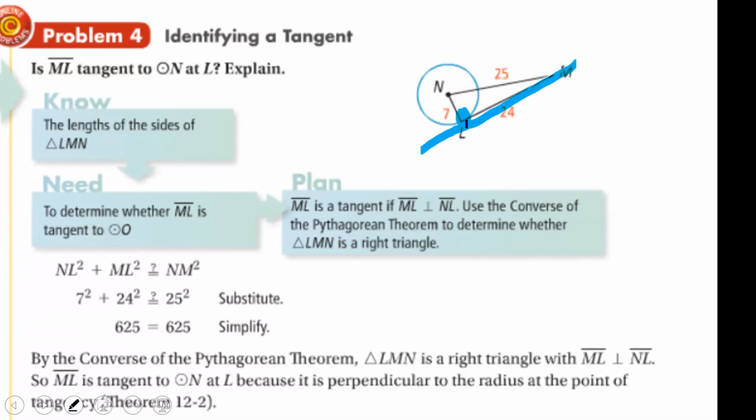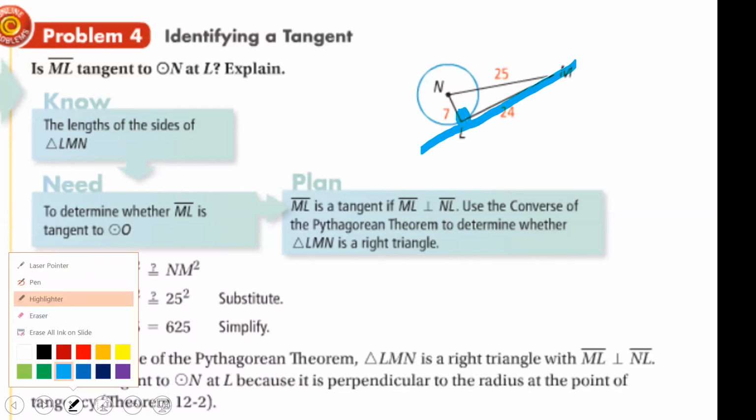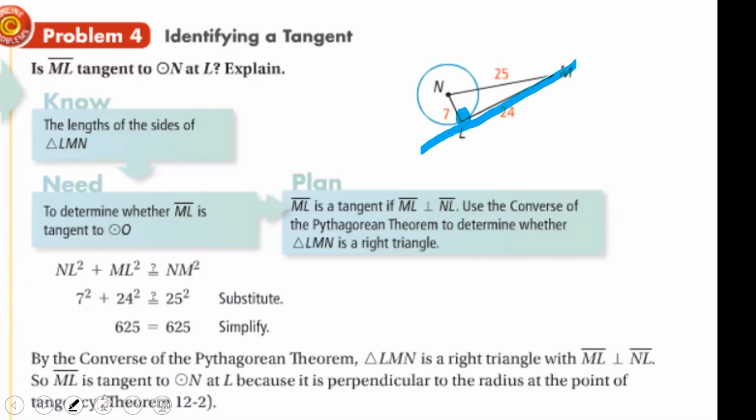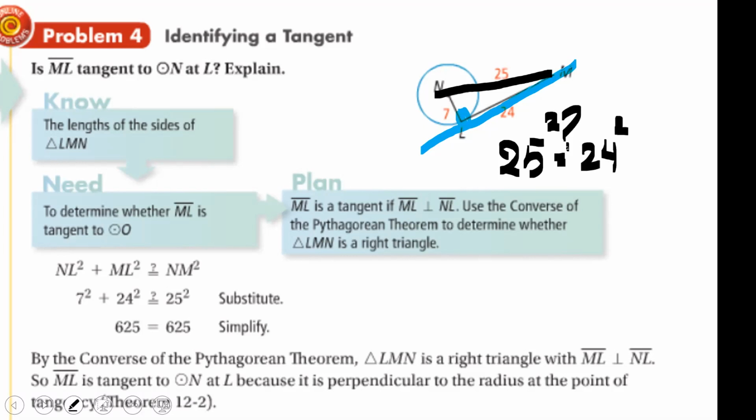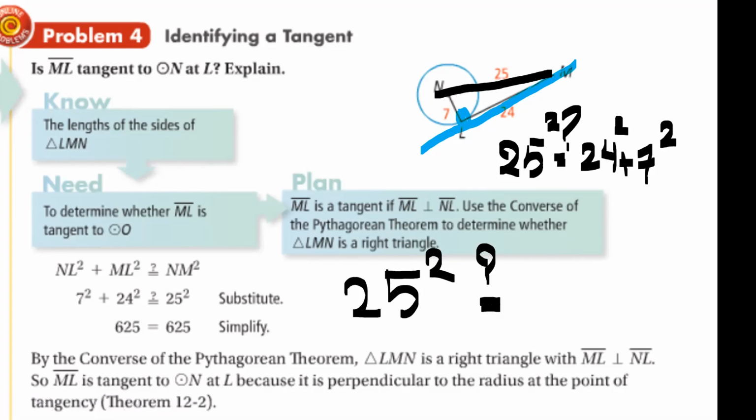So where's the hypotenuse of the triangle? It will be 25. So I want to check if the hypotenuse, 25 squared, is equal to 24 squared plus 7 squared.